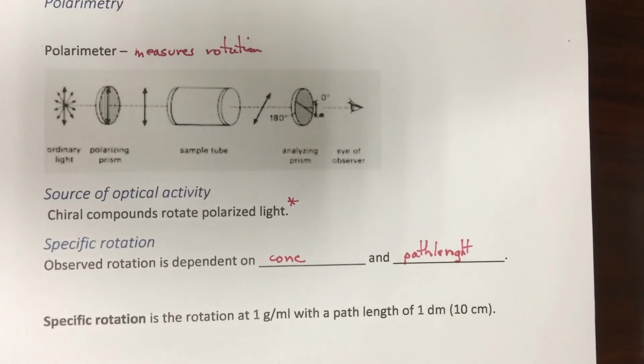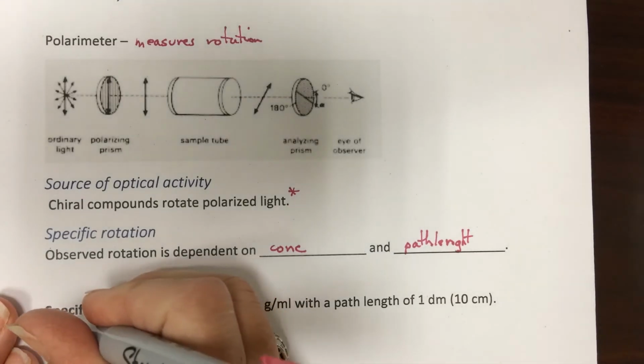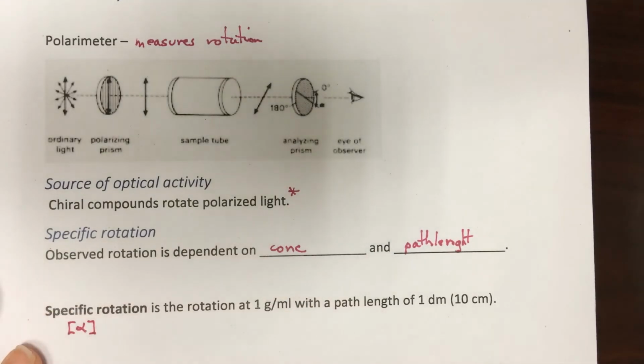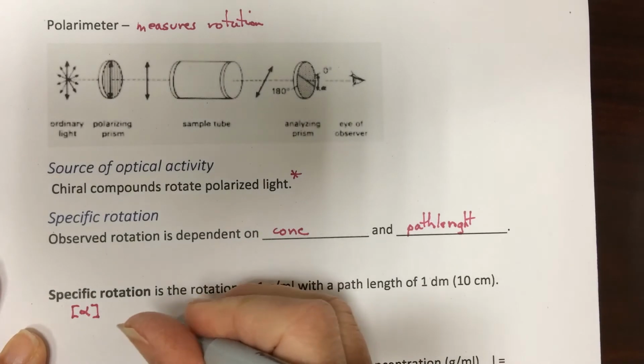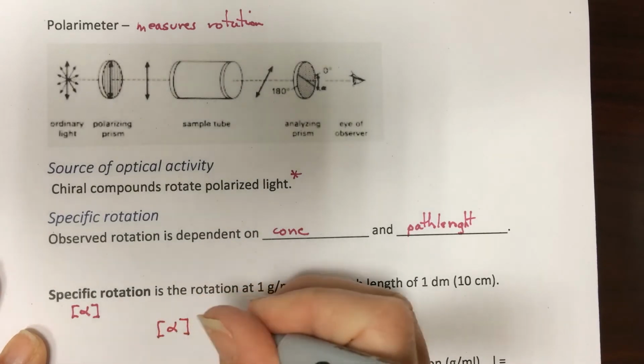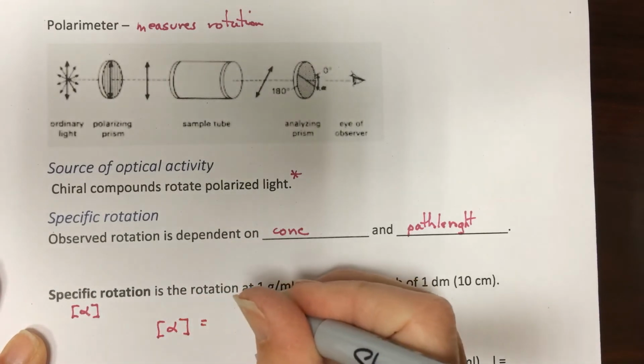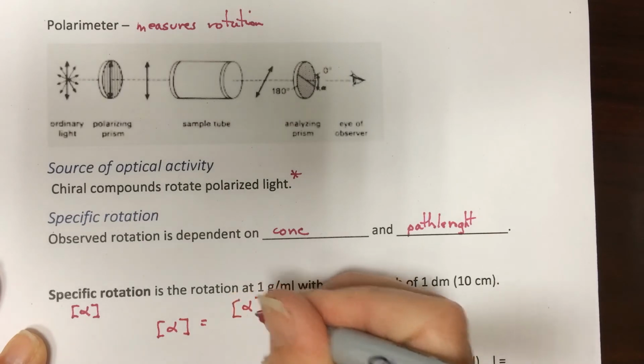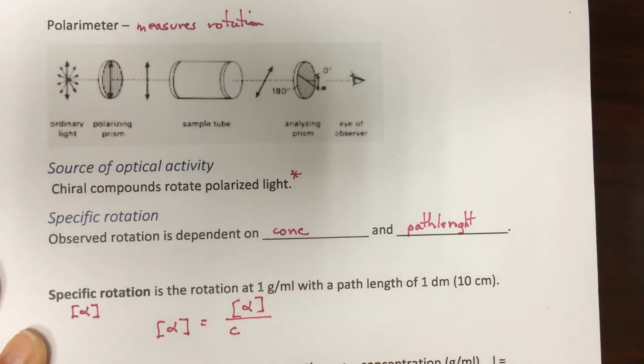So specific rotation is denoted like that, and it's the rotation of 1 gram per milliliter with a path length of 10 centimeters. And we can calculate it. Our specific rotation is calculated as the observed rotation divided by the concentration in grams per milliliter and the path length in decimeters.